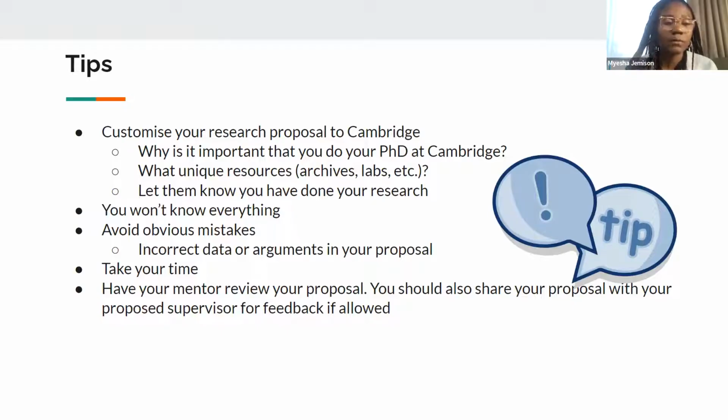Avoid obvious mistakes, whether that's incorrect arguments in your proposal, data that's wrong, spelling errors that could have been fixed through spell check or by rereading it, or having a friend read it over, incomplete thoughts or incomplete arguments for why your research is important, or just not aligning with the guidance that we've given so far.